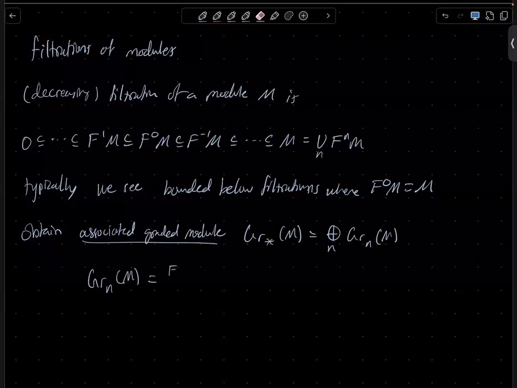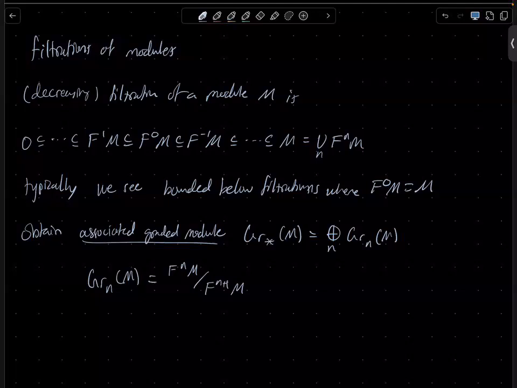So this is F^n M mod F^{n+1} M. F^{n+1} M is contained in F^n M because of the decreasing filtration. Hopefully I did this correctly, because in Weibel, everything is homological, so it's all flipped. They use the increasing filtrations for the homological setting, and the decreasing filtrations for the cohomological setting. So, okay, great. And what is the point?